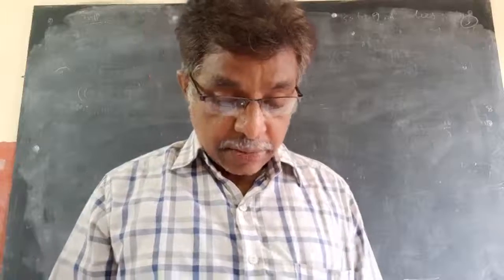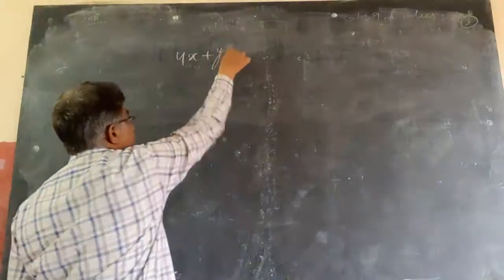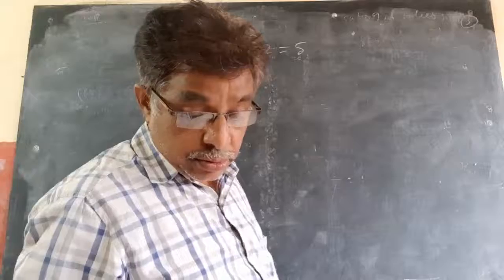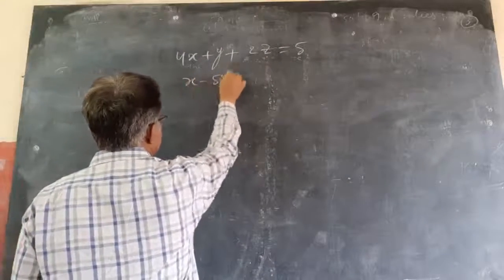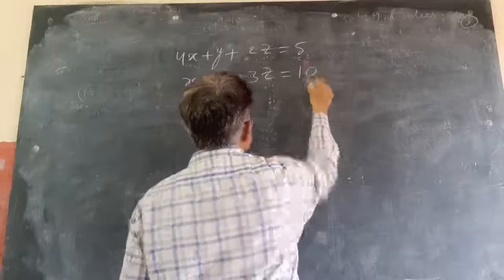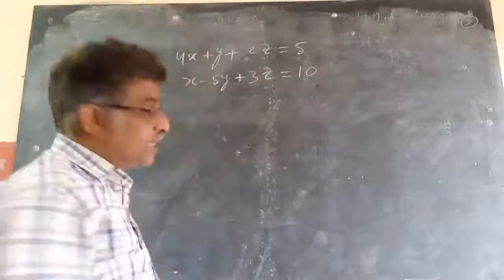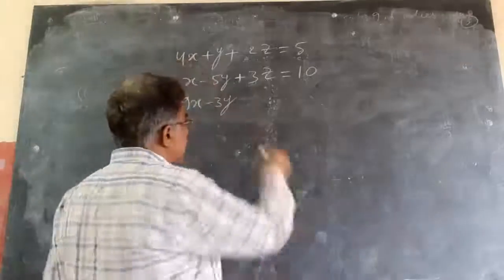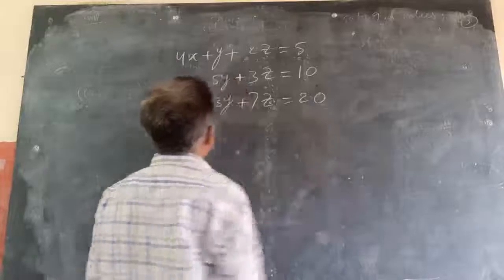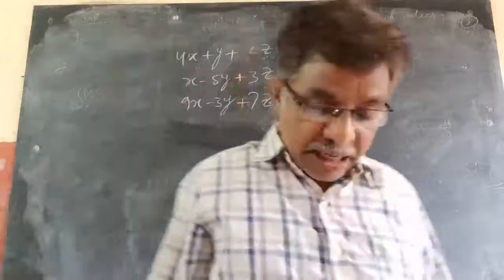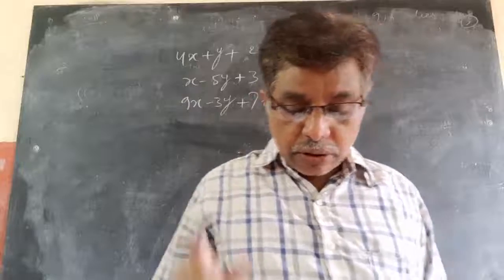If the system of equations 4x plus y plus 2z equal to 5, x minus 5y plus 3z equal to 10, 9x minus 3y plus 7z equal to 20 has no solution, unique solution, two solutions, or infinitely many solutions.